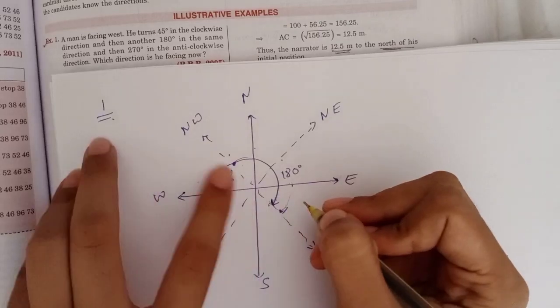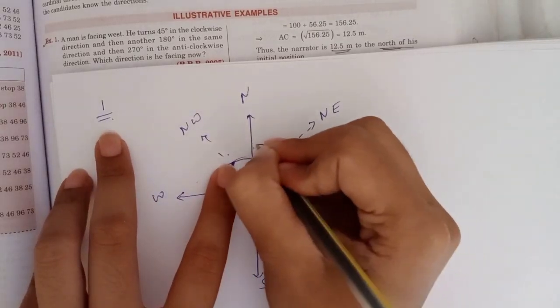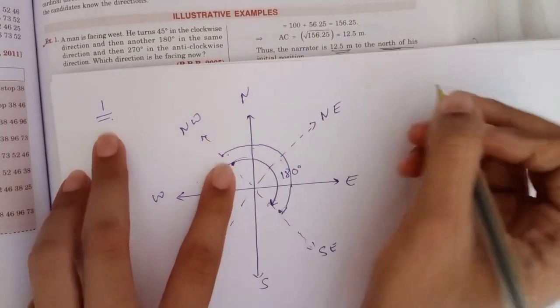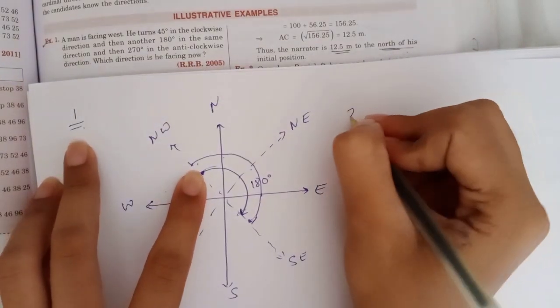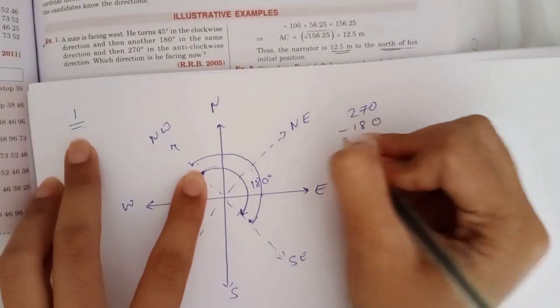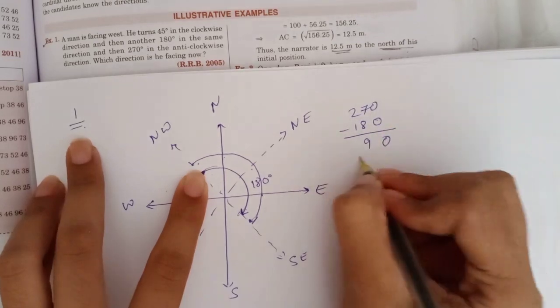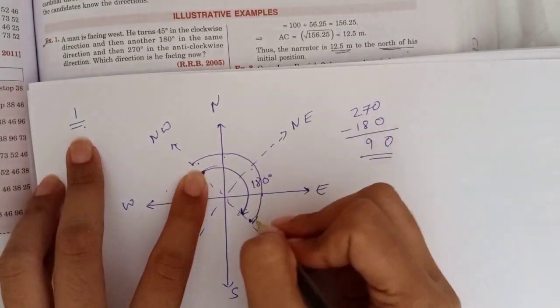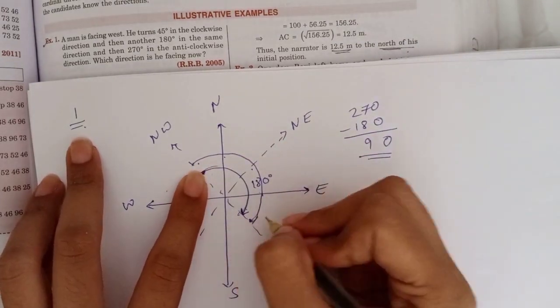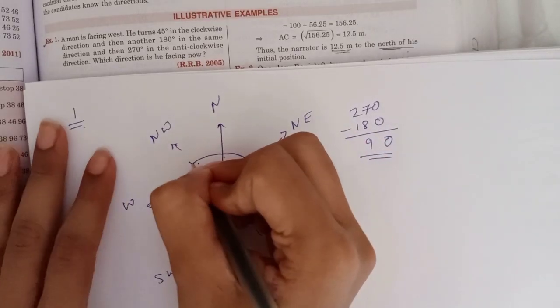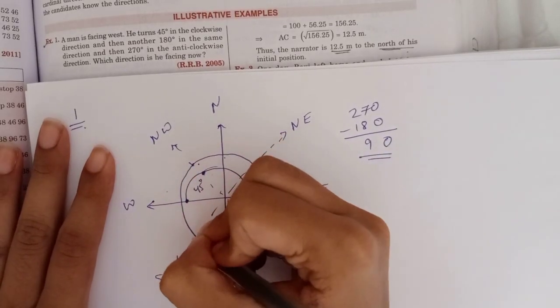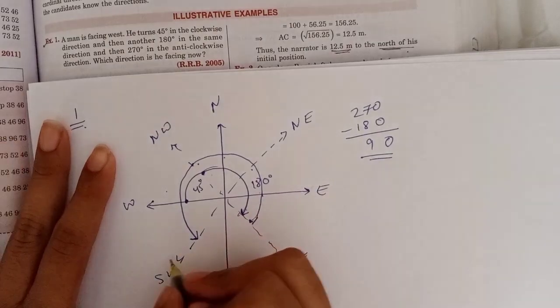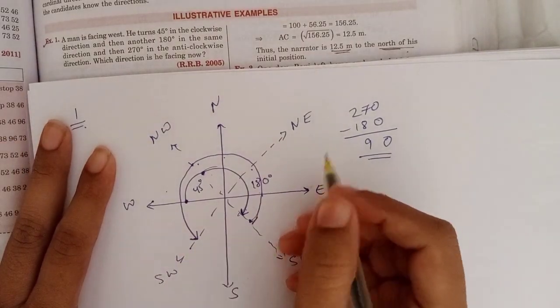We all know semicircle is 180. So first we will reach 180, and then how much is remaining? 270 minus 180, 90 degree more. So in order to go to 270 degree, first he will reach 180, then another 90. So he will reach here.